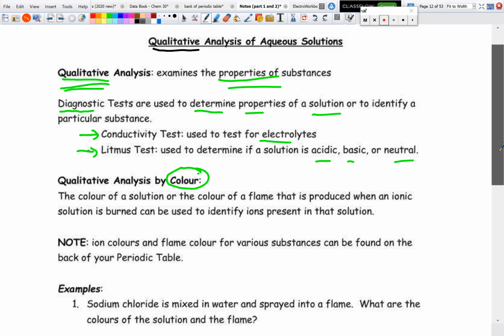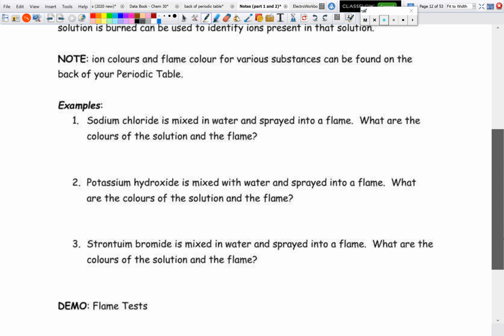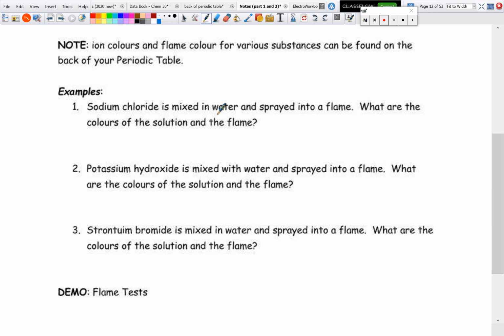So if we're given an example, something like this: sodium chloride is mixed with water and sprayed into a flame, what are the colors of the solution and the flame? Well, we know sodium chloride is NaCl, right? It's made up of the sodium ion and the chloride ion.